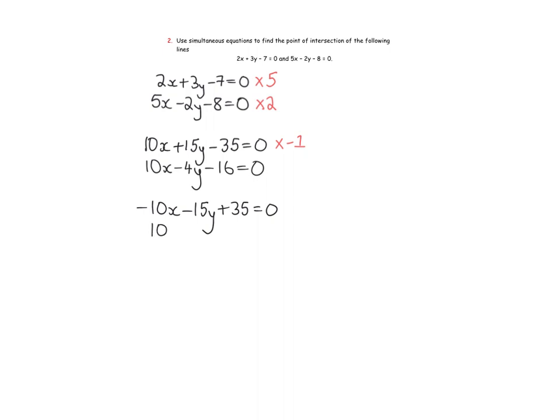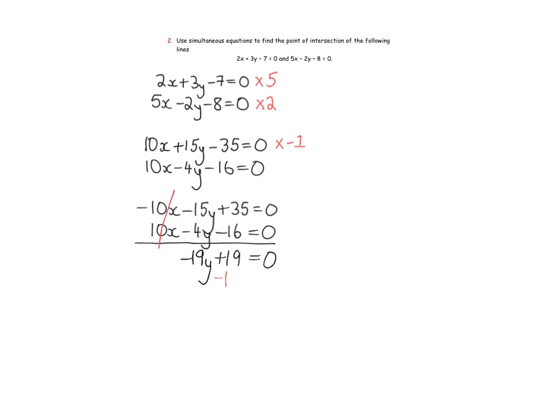The second line stays the exact same, so 10x minus 4y minus 16 is equal to 0. Then we can underline and work it out. Minus 10x plus 10x will give us 0x, we don't need to write that. Minus 15y minus 4y is minus 19y, and plus 35 take 16 is going to give us 19, is equal to 0.